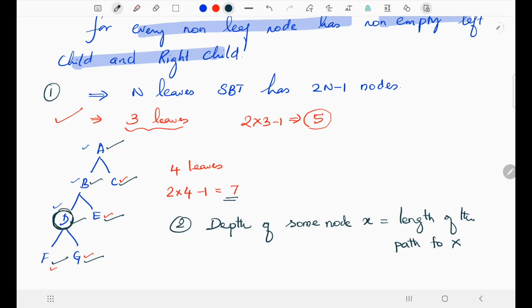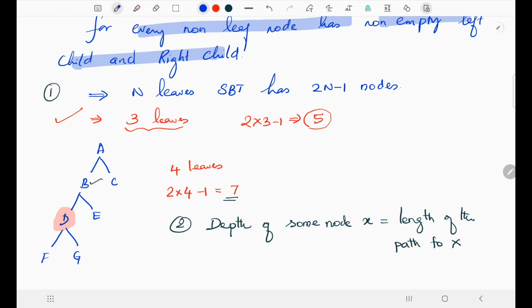What is the depth of this D? It is the path to D. So this is the 0 level, first level. So I need to find the depth of D. What is the depth of D?